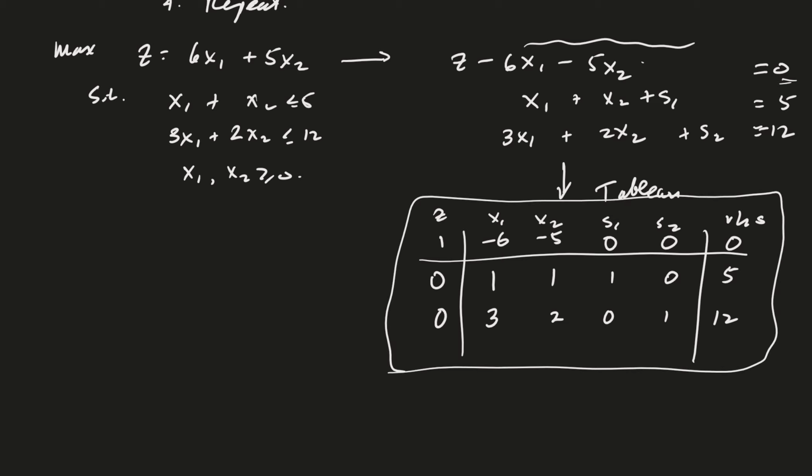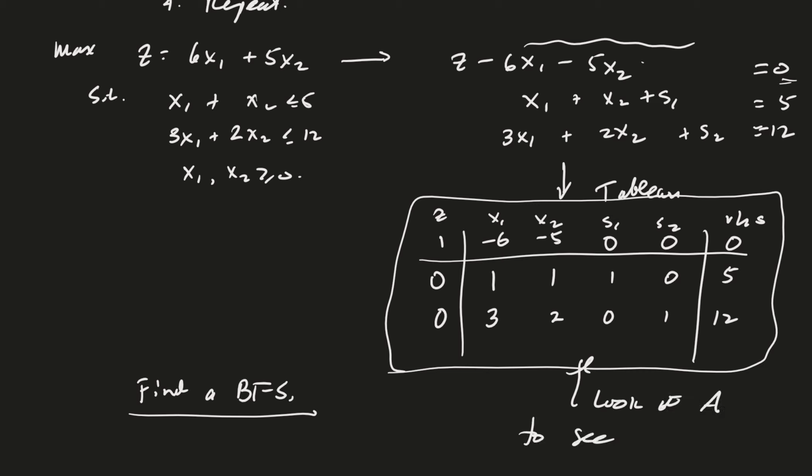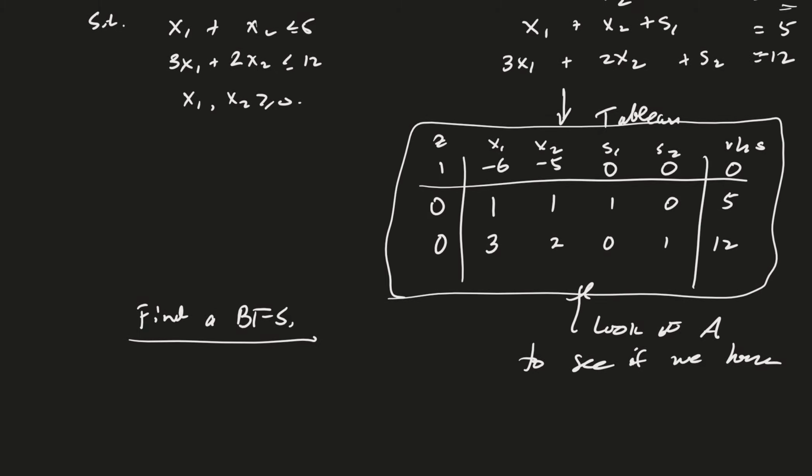Good. Now, the way this starts is I want to find a BFS. And the easiest way to do that is to look at the matrix A to see if we have the columns of the identity.